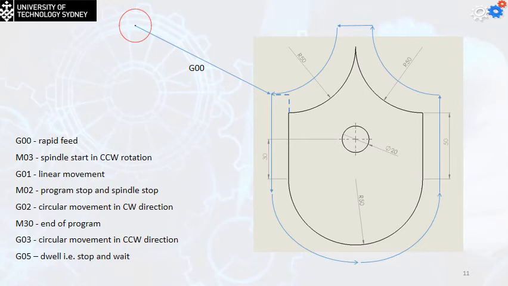So x is going to be -5, y is going to be 105, and z is going to be, for example, 10. So my first line after starting the spindle is going to be G00, x is -5, y is 105, and z is equal to 10. So this will be the new position of my cutting tool.